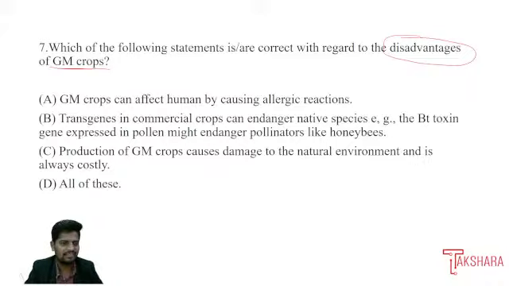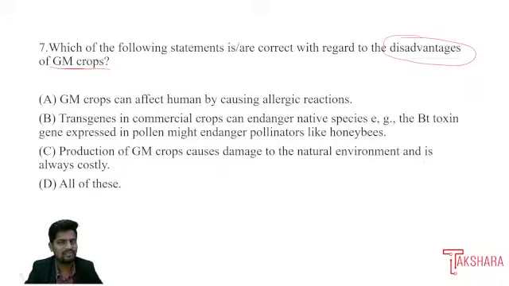And statement C: the production of genetically modified crops causes damage to the natural environment and is always costly. Genetically modified crops damage the natural environment, which means killing different types of habitats related to microorganisms or bacteria, and it is always costly.